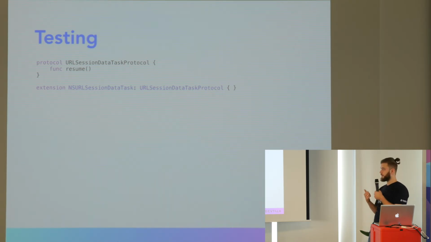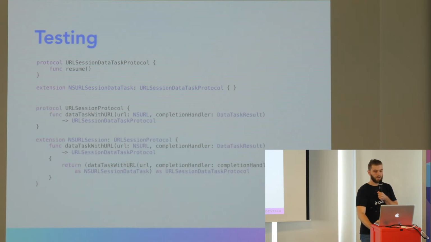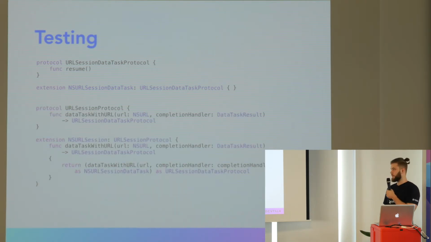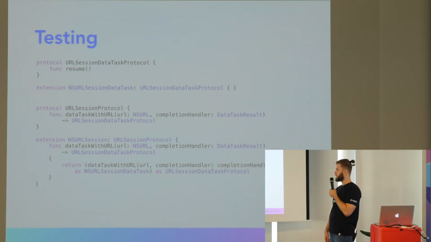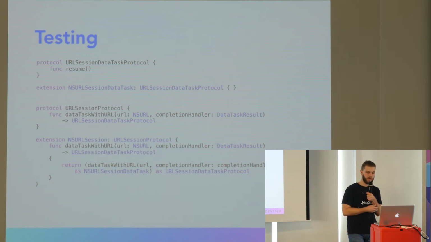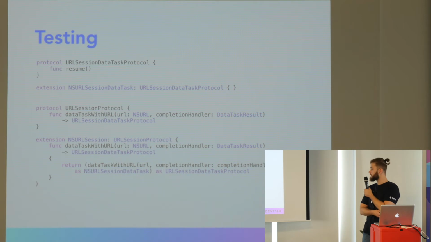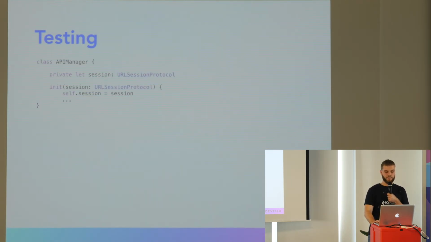And NSURLSessionDataTask already has this function, so you don't have to do anything else. Also, you need to make a URLSession protocol that has one function that takes a URL and completion handler, and returns our protocol instance. So here's the implementation. After you've done this, you can create your API manager class as follows.